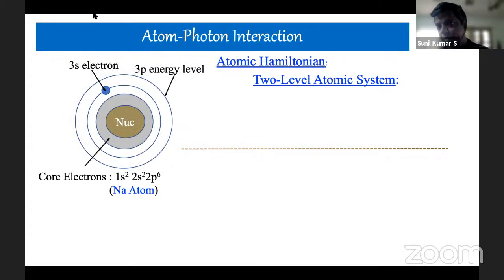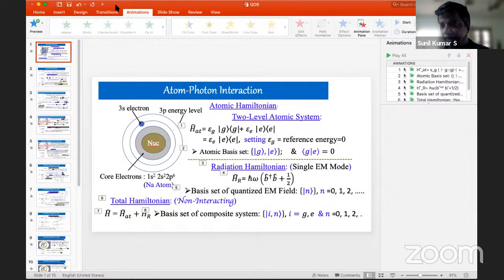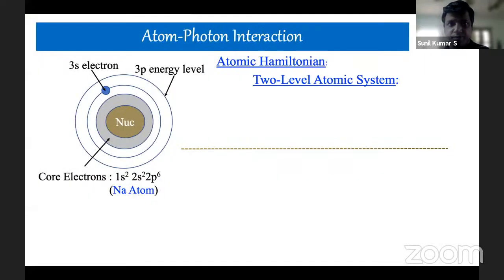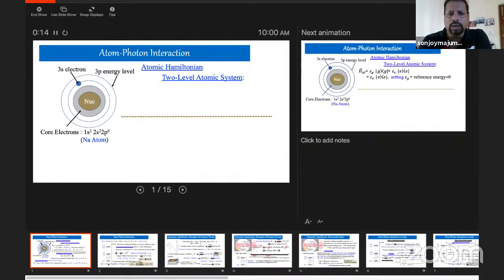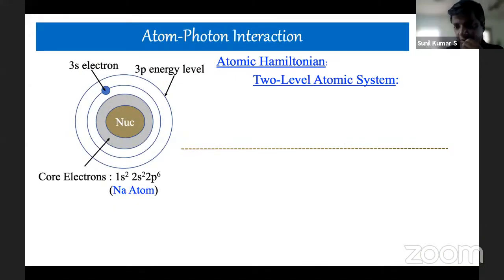Okay, let me do one thing. Okay, I think it is time now. So welcome. Is it okay? Now it is the presenter view. So you can swap display. I'll swap again. Yeah, now it's okay. So yeah, here you can start.